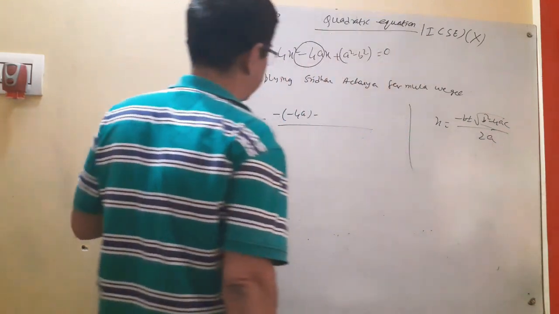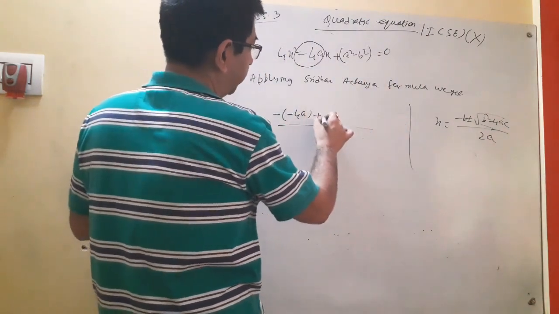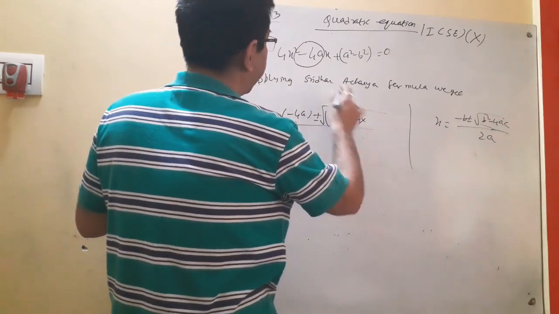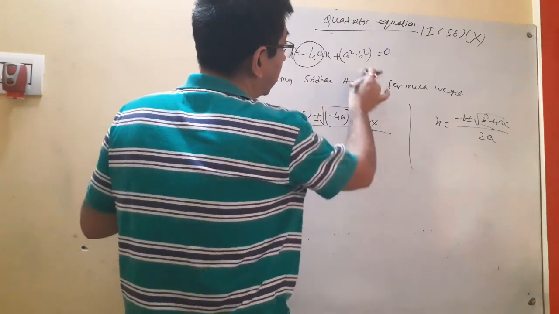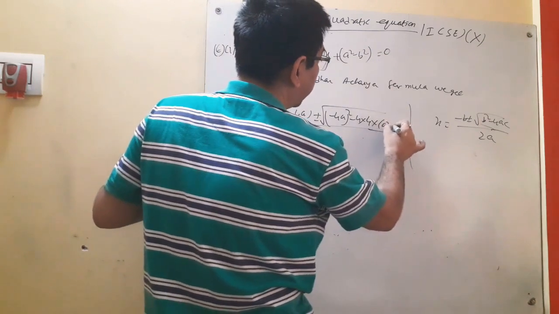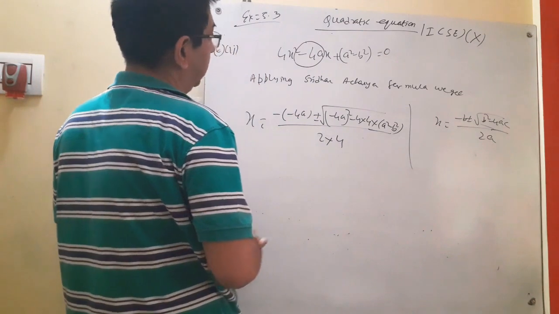This is the formula. So minus b is here 4a, plus minus root of b square minus 4ac, that means this square. 4a means coefficient of x square, that is 4, and c means constant term, a square minus b square, by 2a, a is 4, right?